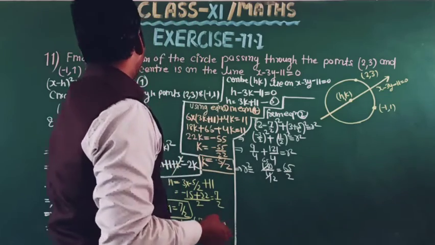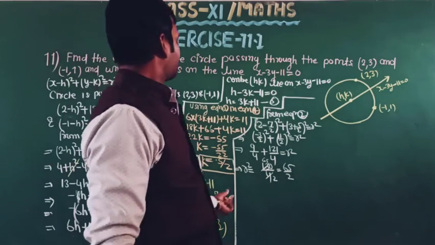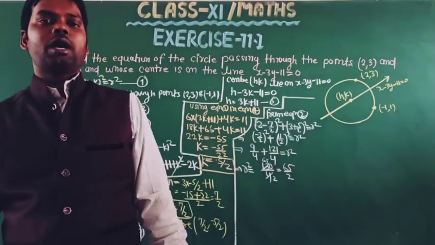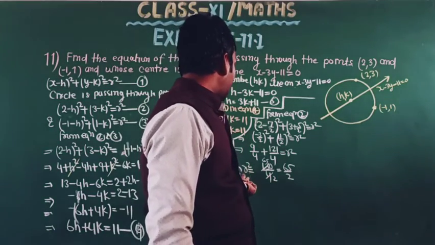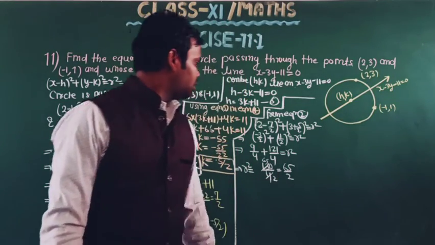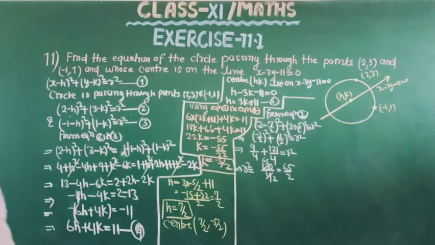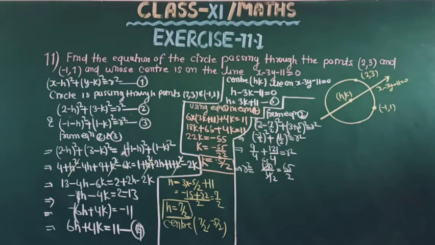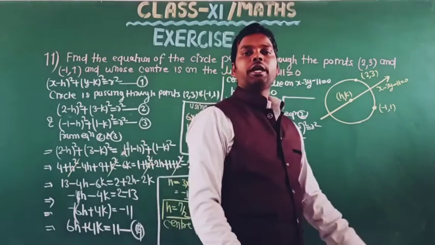Okay, the radius means r square. Here we have to find r square, and the value of r square is 65 by 2.